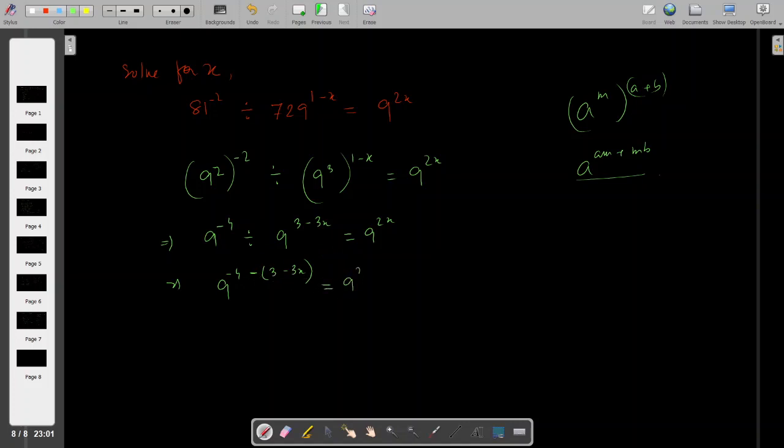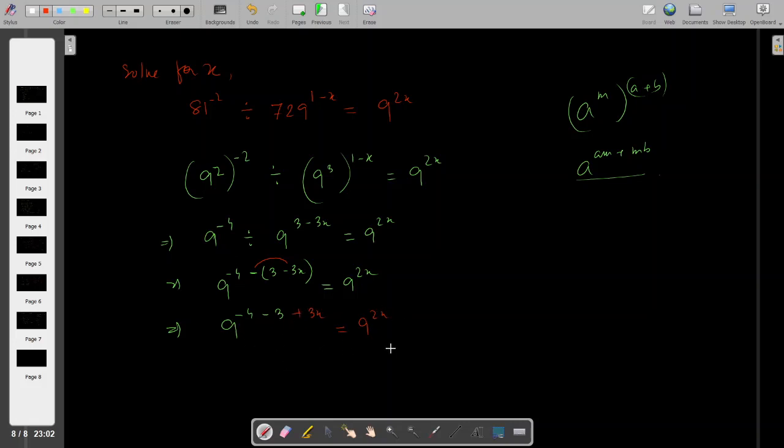So 9 to the power minus 4. If you open the bracket, minus 3, then this minus minus will become plus 3x, equal to 9 to the power 2x.